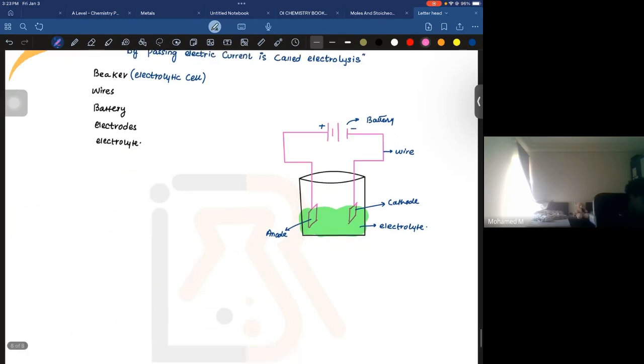So I'm going to define what an electrolytic cell is.